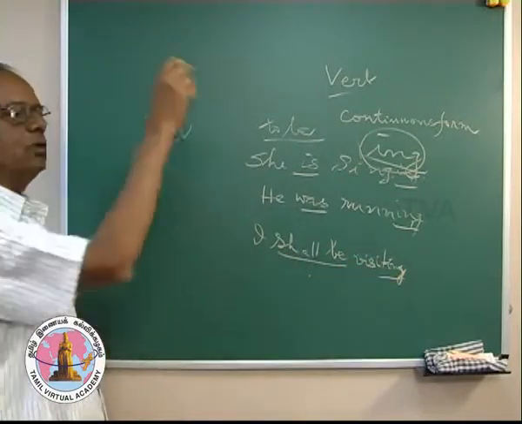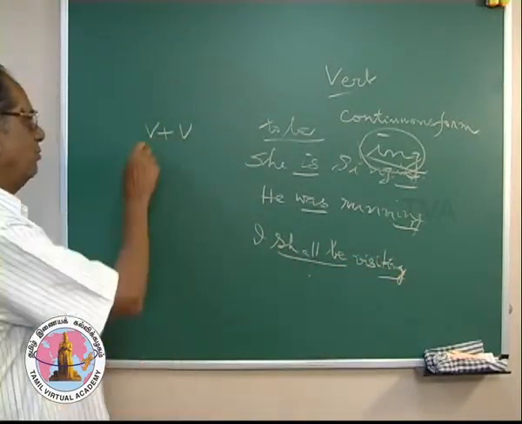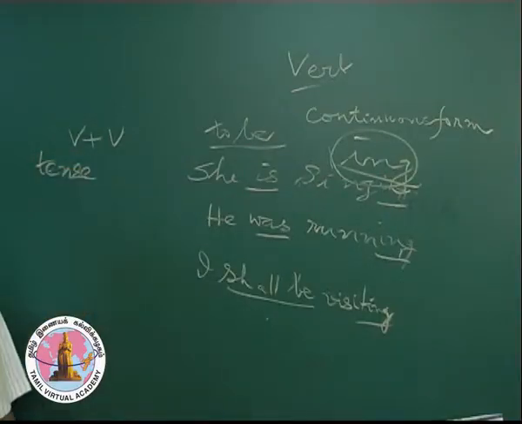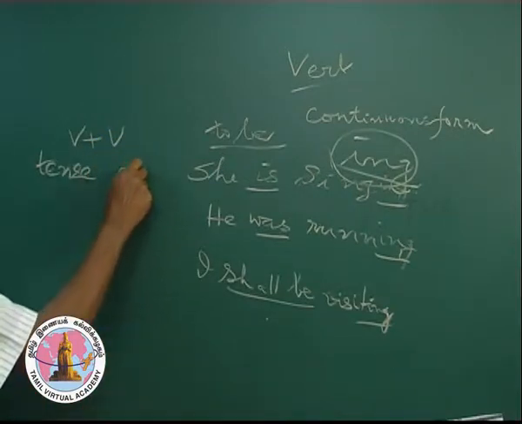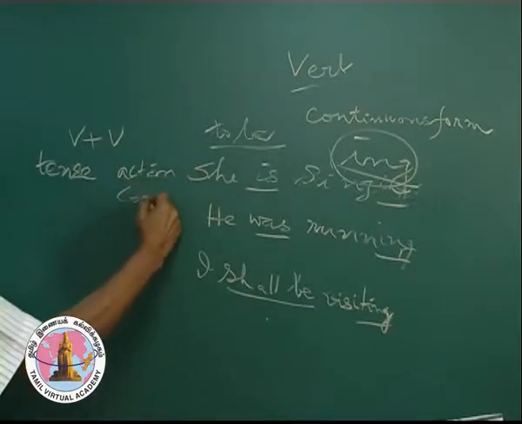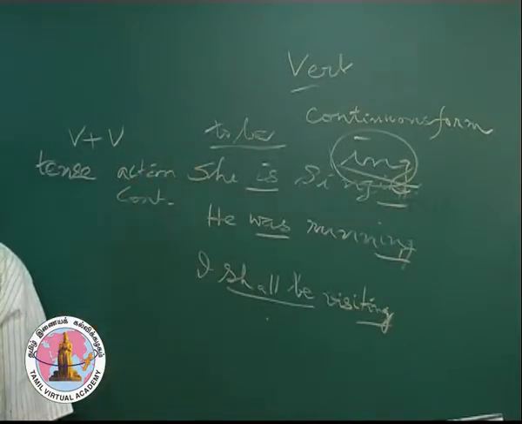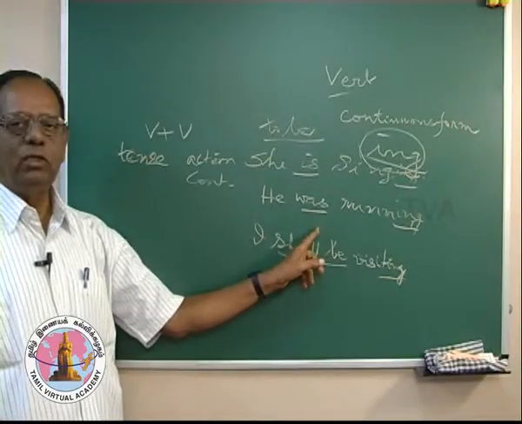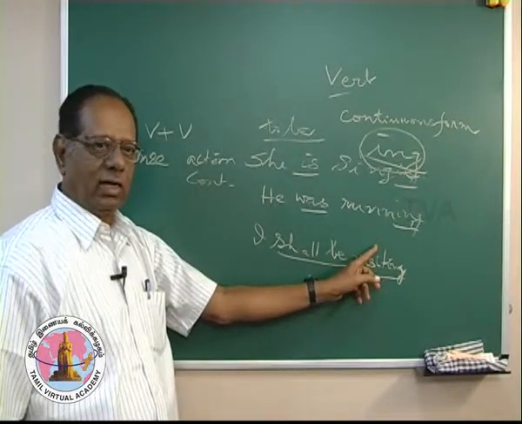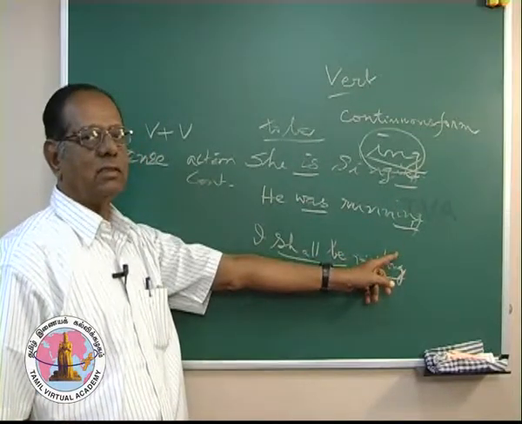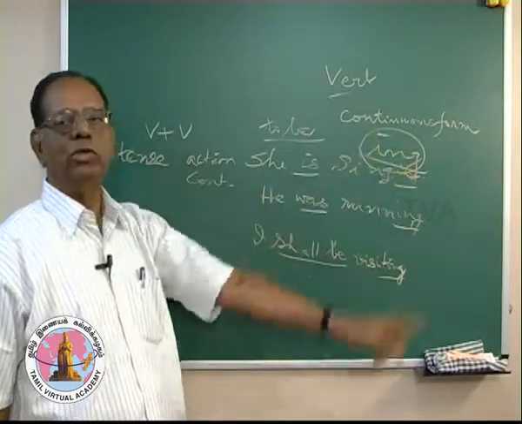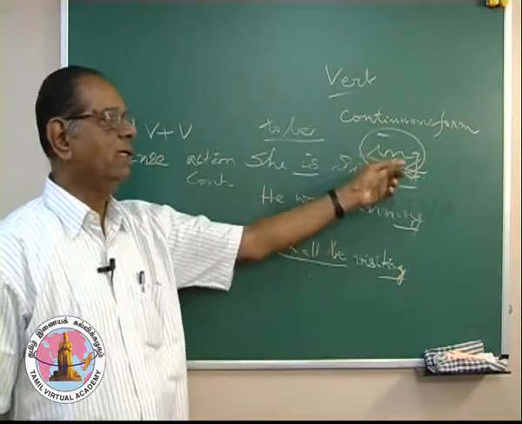The first verb will give you the tense and the second verb will give you the action and the continuous form of it. The suffix that is used for making a verb into a continuous form is ing.